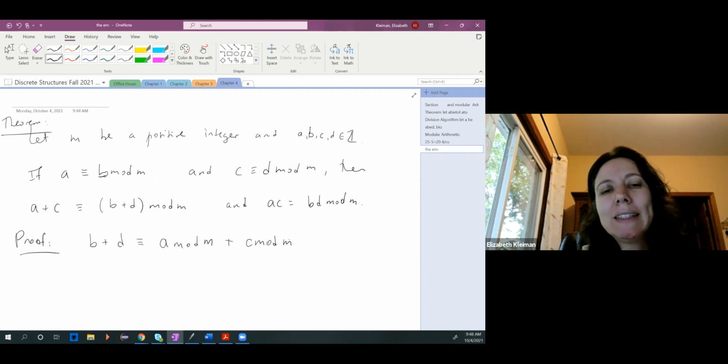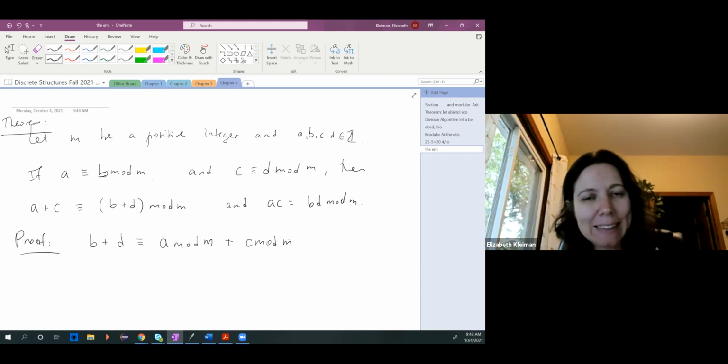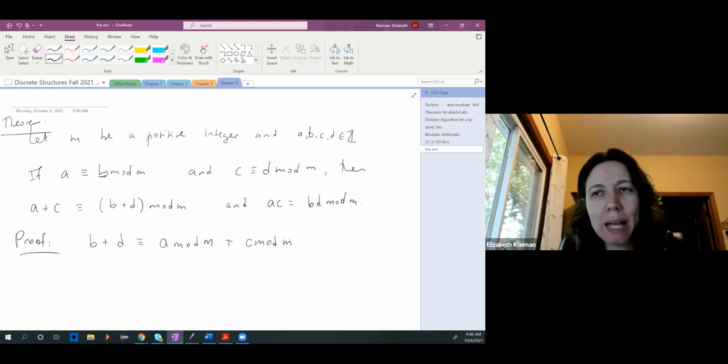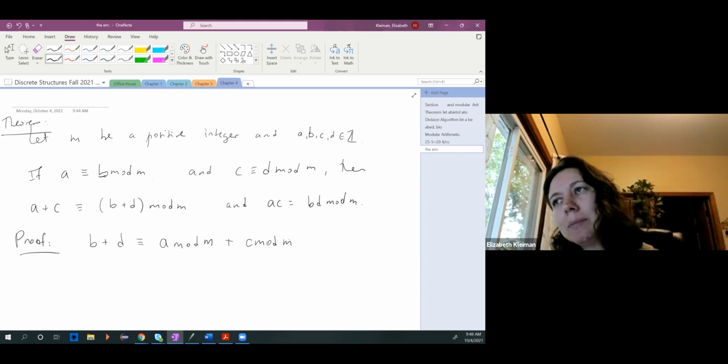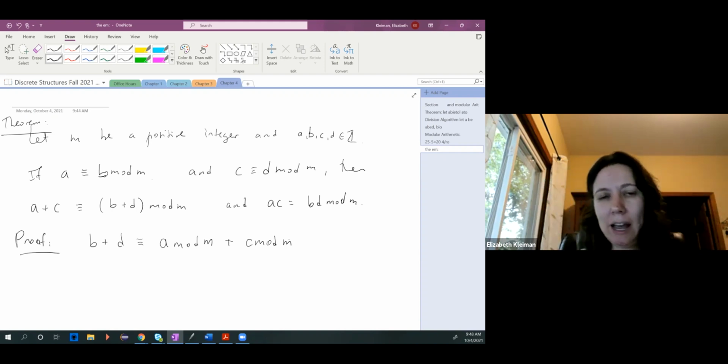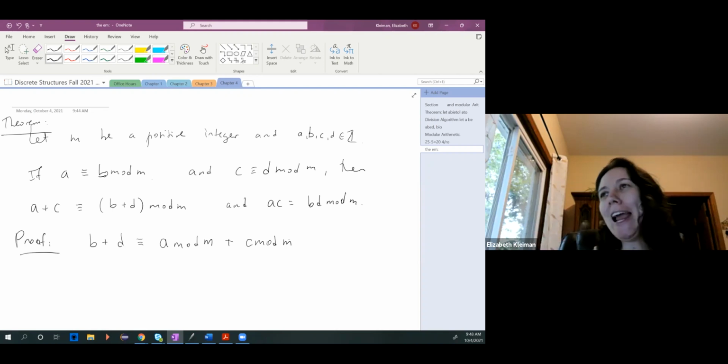What does it mean that it is A mod M? It means this whole thing is the same as A plus some number multiplied by M. So you can represent B as A plus S multiplied by M. And you can represent D as C plus T M. Why? Because remember, our definition is saying B minus A is going to be divisible by M, correct?